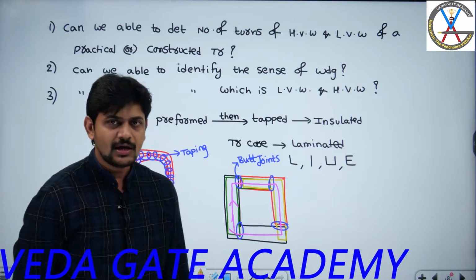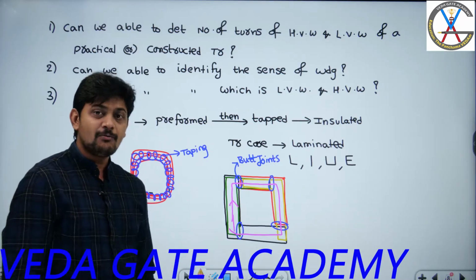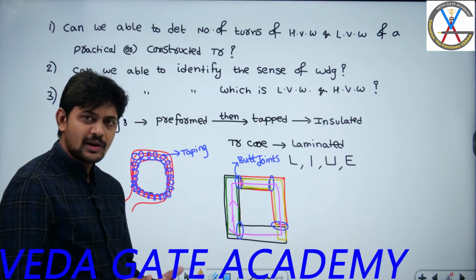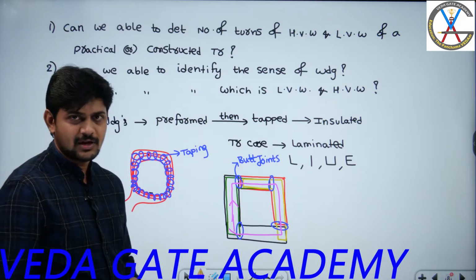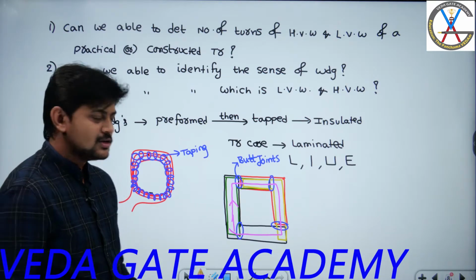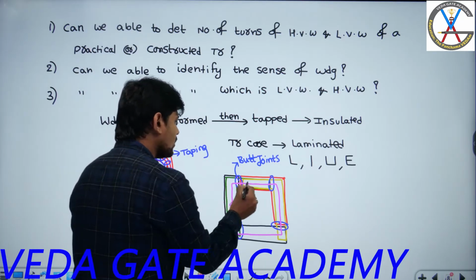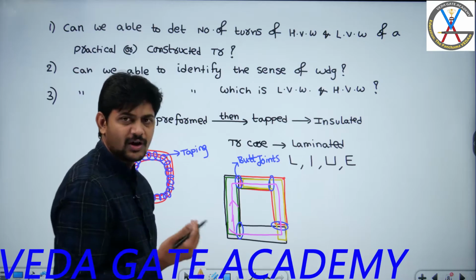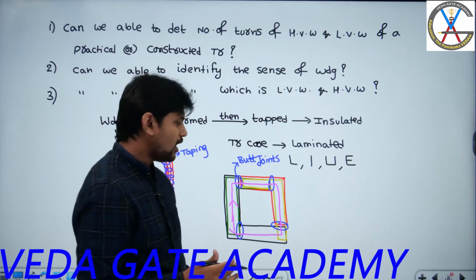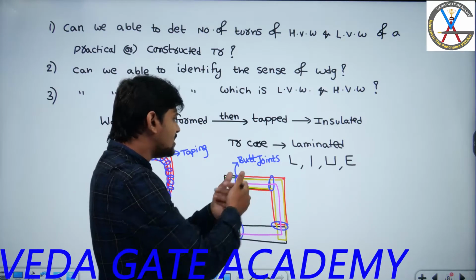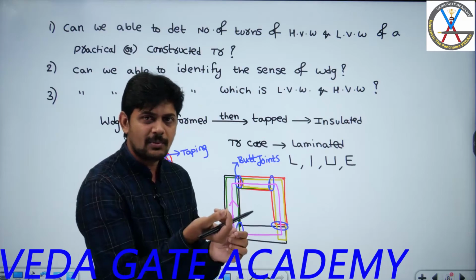Are you following? Right? So that is the reason, with the help of boot joints, I can create a low reluctance path for the flow of flux. Because of the presence of the boot joint, the overall reluctance offered for the flow of flux is reduced. And as I am tightly riveting, automatically there should not be any air gap.